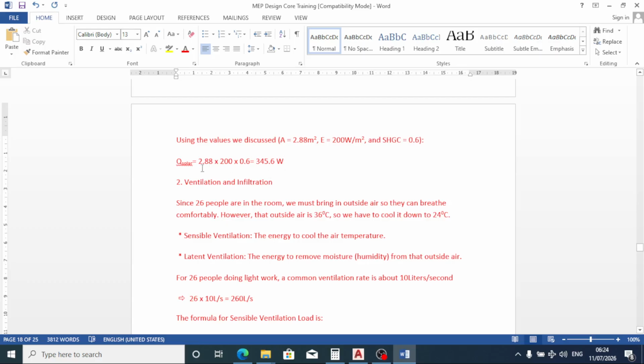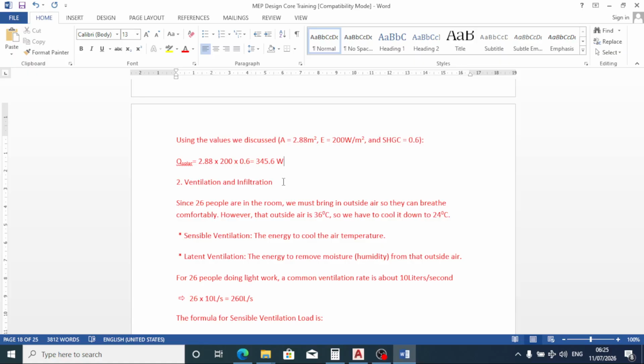Now the next aspect is ventilation and infiltration. Ventilation is when you purposely allow fresh air to come into the space. Maybe when you are having meetings, somebody opens the door to come into the conference room. Definitely air from outside will come in. Or if there is smoke in the conference room and you want to vent it out, you open the windows and the door.